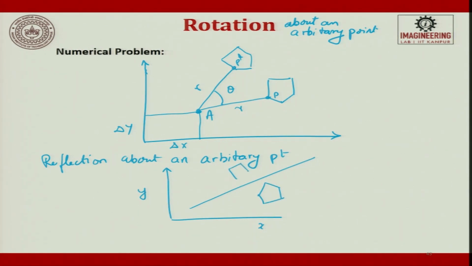So, this is the C intercept and this is the theta, whatever it is. So, the point P becomes P star. Okay. So, this is reflection about an arbitrary plane. This is rotation about an arbitrary point.